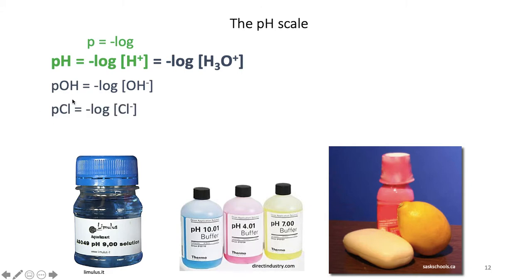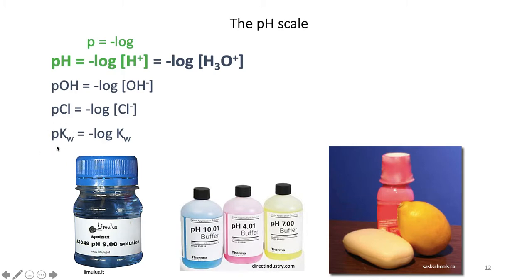We can talk about a pCl, which means the P once again stands for minus log. The Cl is the chlorine concentration. In our body, we have chloride anion concentration. And we can talk about the pCl scale, which tells us just minus log of the concentration of that species, the Cl species.